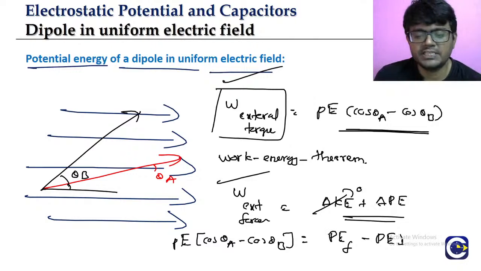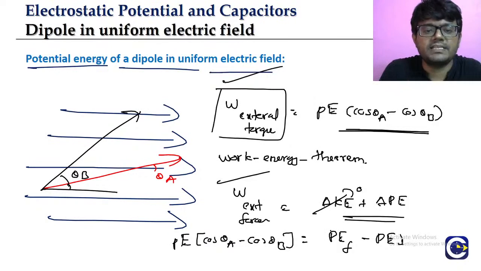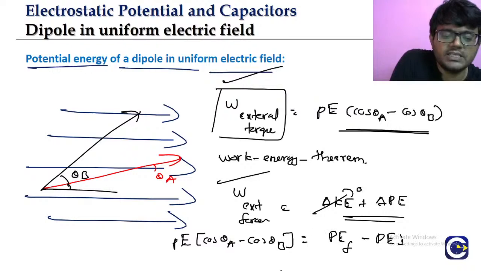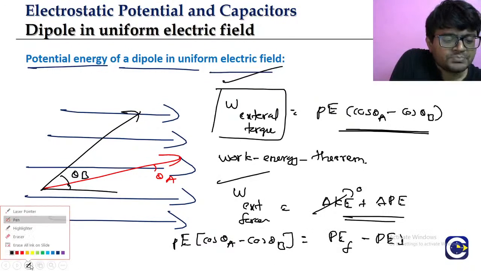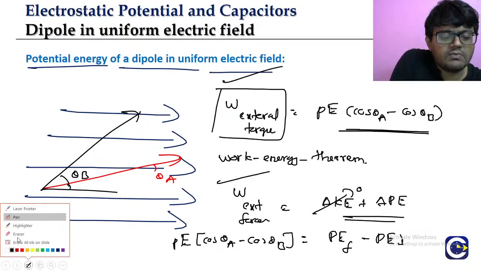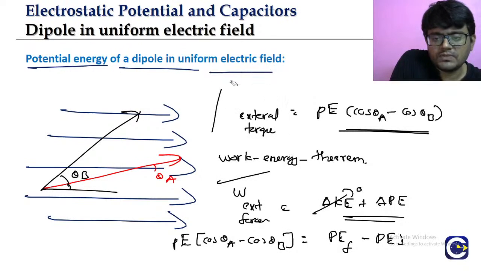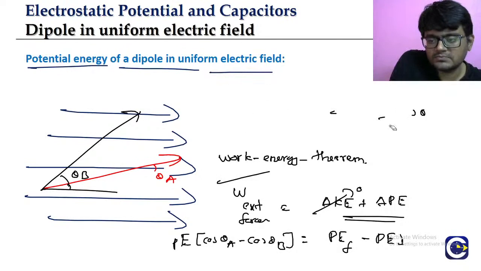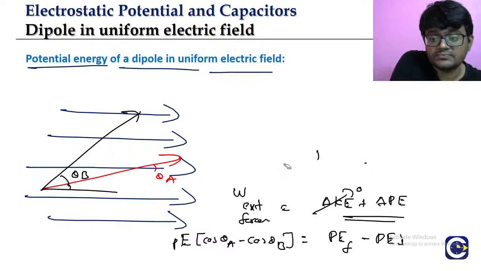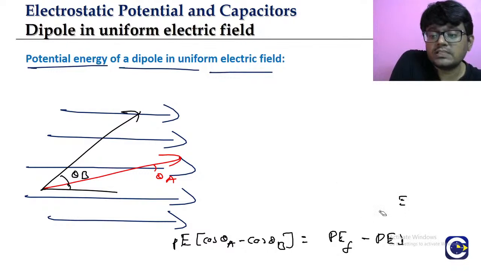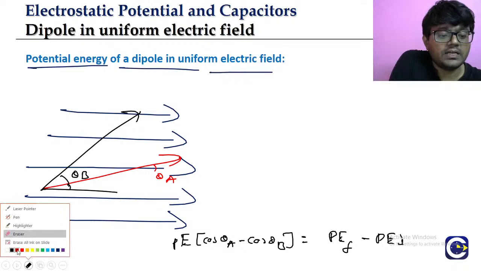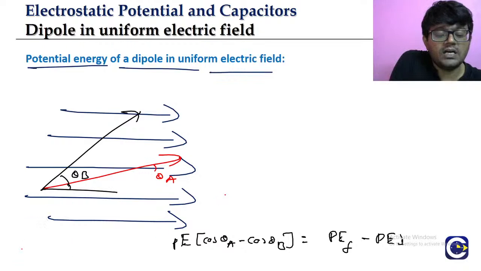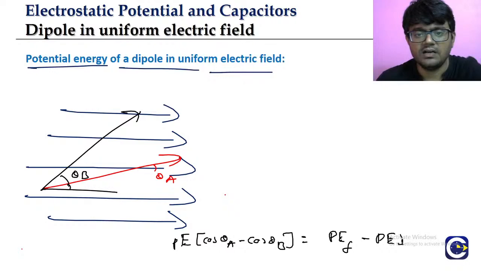When we look at the work done by the external torque in rotating the dipole, the dipole is not gaining any kinetic energy. So whatever work is done should go into the change in potential energy. So the dipole is going to get a potential energy value depending upon the orientation.